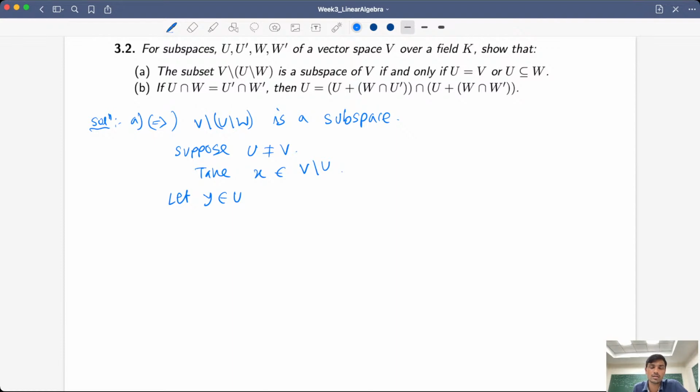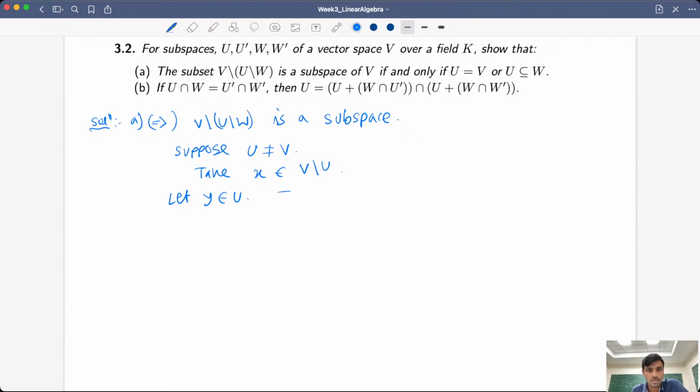So if I take any element from U, then I should show that this Y also belongs to W. So let me take Y from U. Then I have to somehow use the subspace property so that this Y belongs to W. Now taking X and Y, one belongs to U complement, another belongs to U. So what can we say about X plus Y? That's the first thing we should ask.